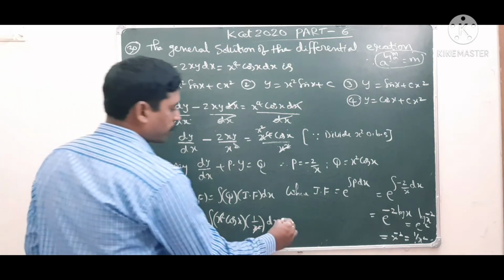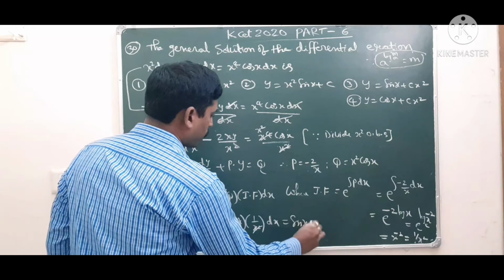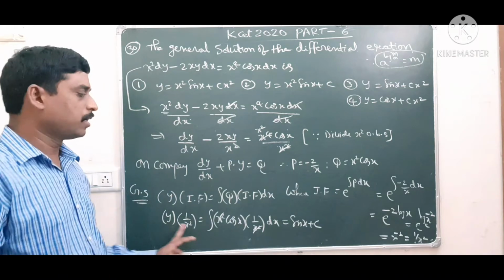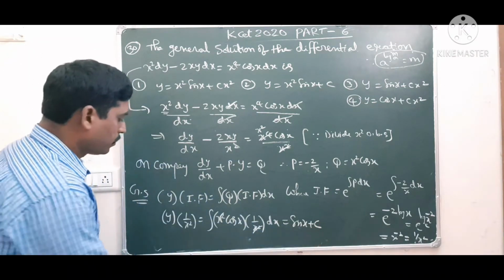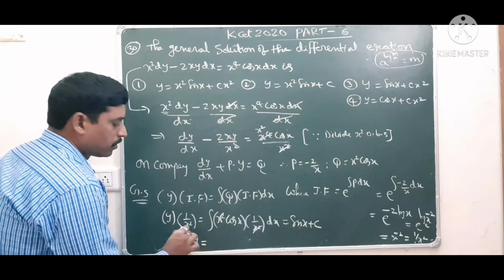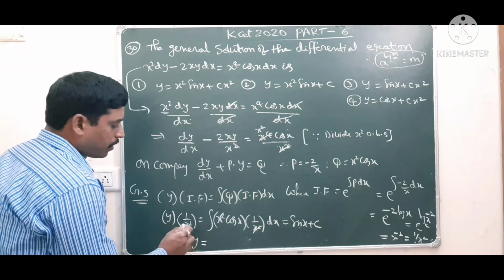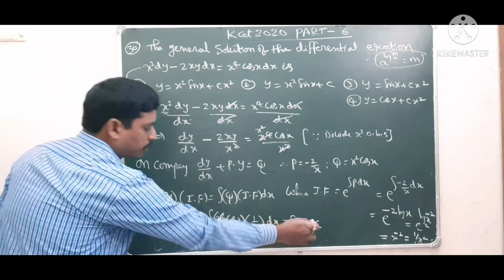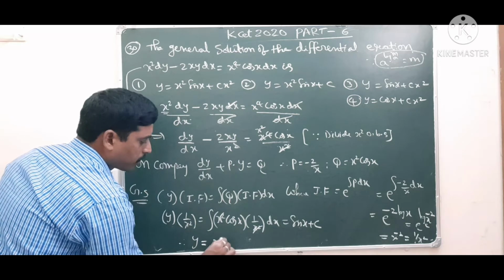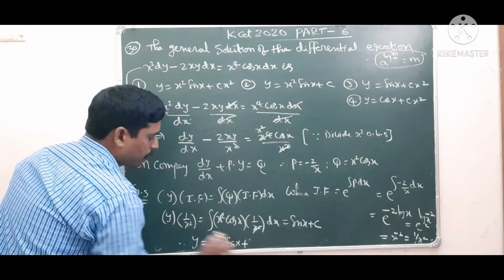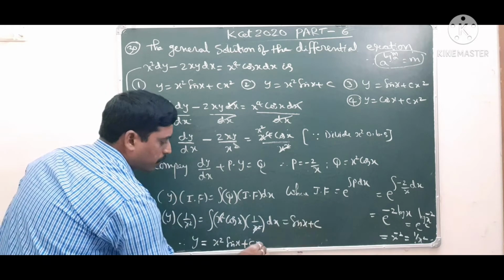Integral of cos x is sin x plus c. So y by x square is equal to sin x plus c. Therefore, let us do cross multiplication. y is equal to x square sin x plus x square into c, that is c x square.